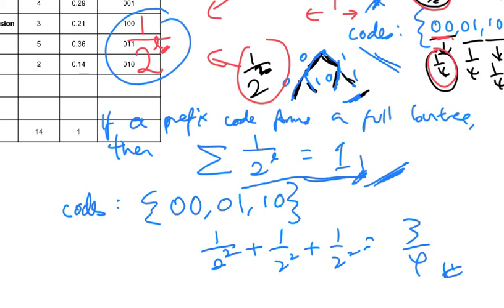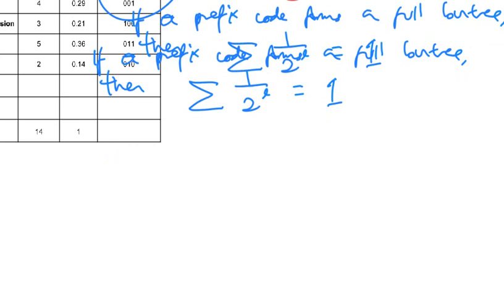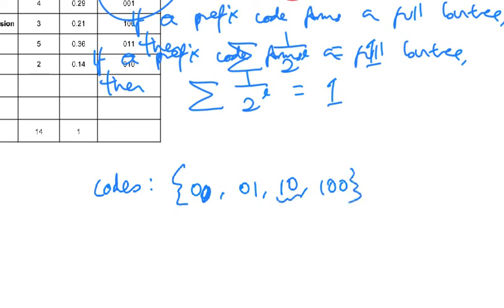Now let's try with a non-prefix code. What will be the case for a non-prefix code? What about this particular case? Non-prefix, I'll just put here 00, 01, 10, 100. This is non-prefix because this particular code, 10, is a prefix of the last one.